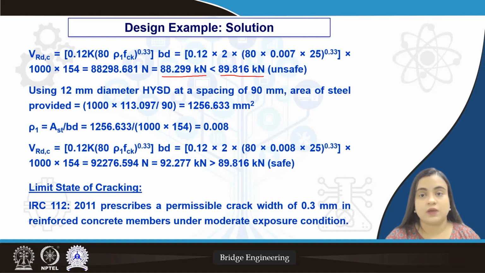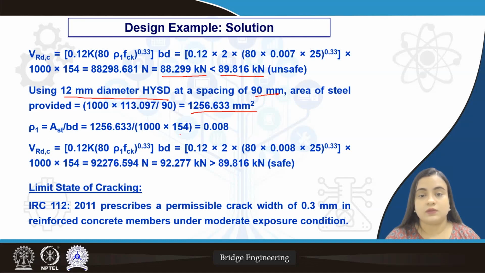So due to this marginal gap, we can change the reinforcement amount by altering the main reinforcement spacing to 90 millimeter. So if we go for providing 12 millimeter diameter bars at a spacing of 90 millimeter, the area of the steel provided gets updated to 1256.633 millimeter square.